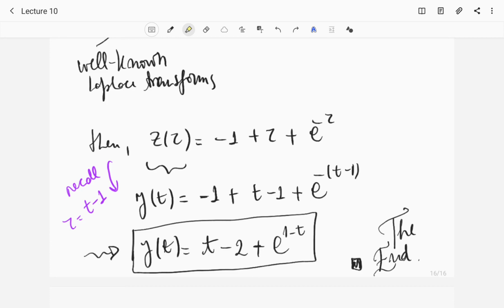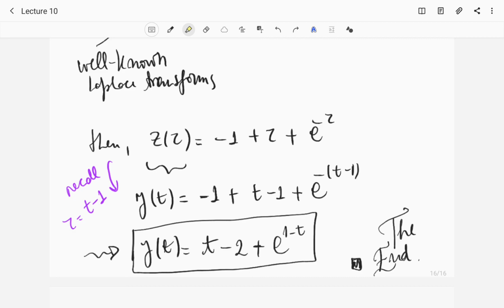In this example, the initial condition was at t equal to 1, so our new variable was tau equal to t minus 1. And we solved the new equation for this new variable tau, repeating the process that we did in the first example.